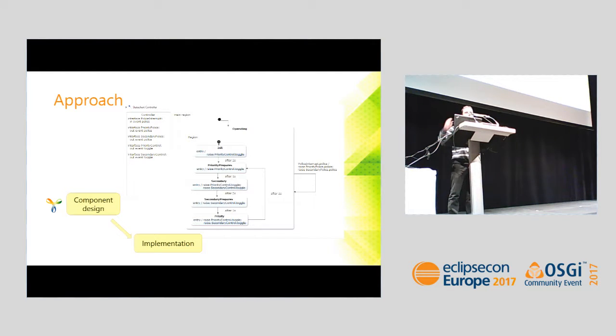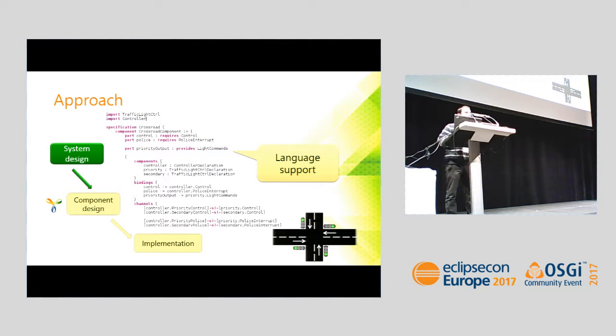Okay, you have the component designs and you want to put them together, so we provide a system design language to put your components together. You can instantiate your components, bind the interfaces to ports, and then connect the ports together with channels.